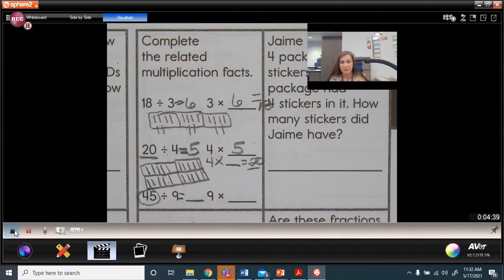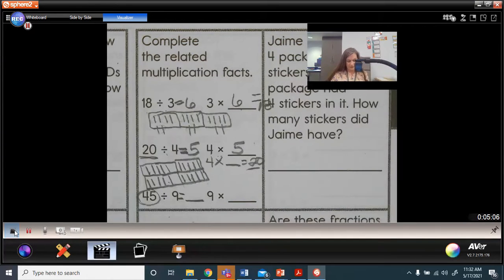Anything that has a multiple of 10 or has a 5 in the ones place should be a multiple of 5. So we should know that, right? So how many groups of 5 does it take me to make 45? Well, let's see. 5, 10, 15, 20, 25, 30, 35, 40, 45. How many groups of 5 did I make?